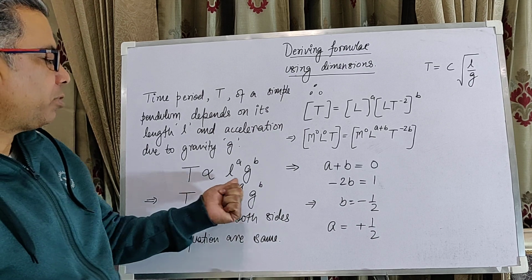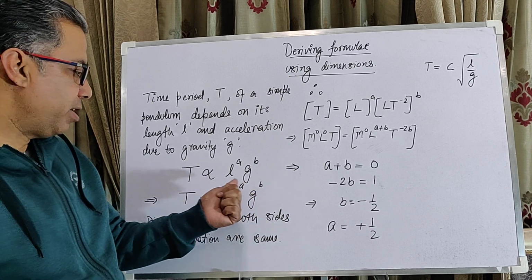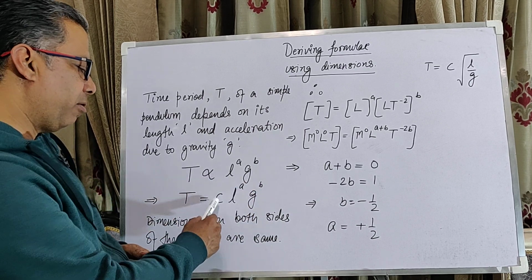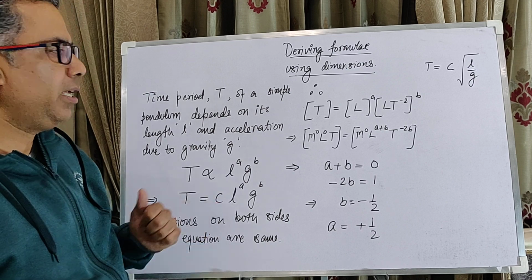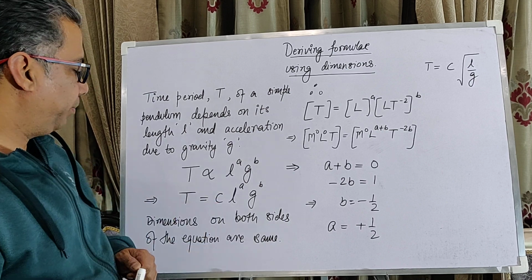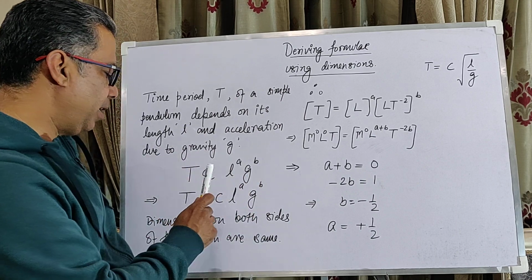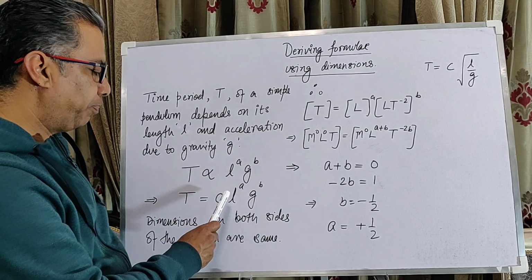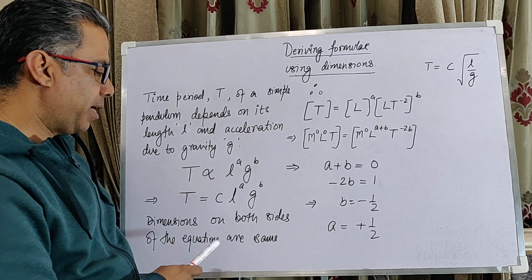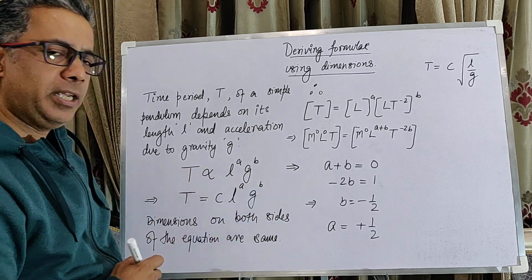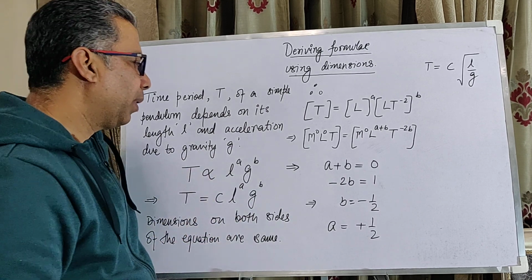Now this is a proportionality, and therefore to convert it into an equality, we introduce a constant of proportionality c. As of now our result is t equals constant c into length L to the power a and acceleration due to gravity g to the power b.